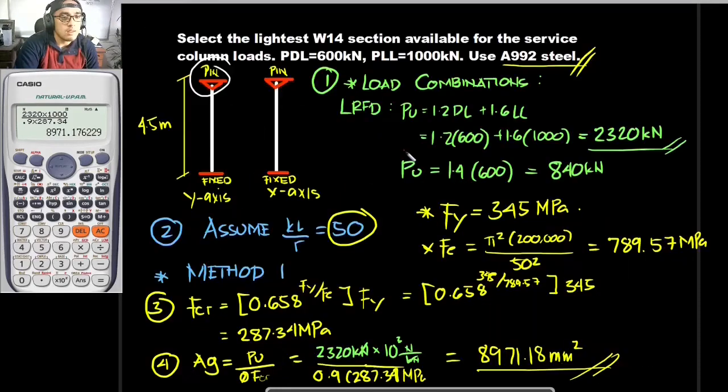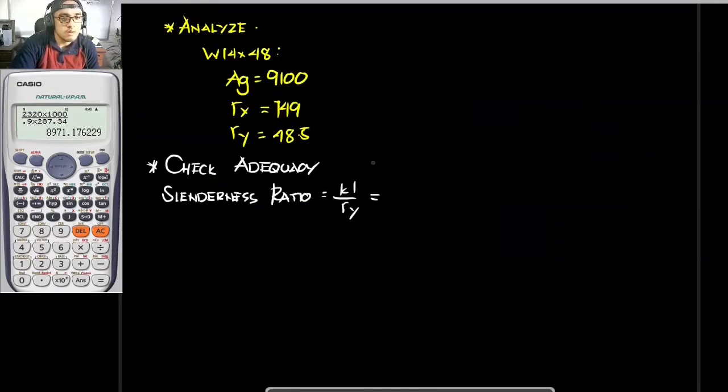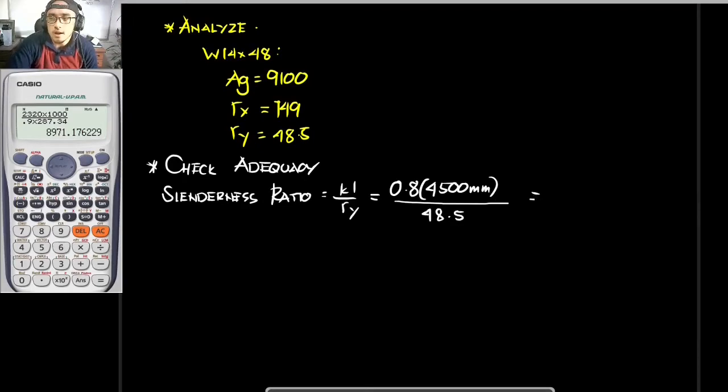So our K would be 0.8 times the length of 4,500 mm divided by Ry, which is 48.5. So our slenderness ratio would be 0.8 times 4,500 divided by 48.5, which is 74.226.